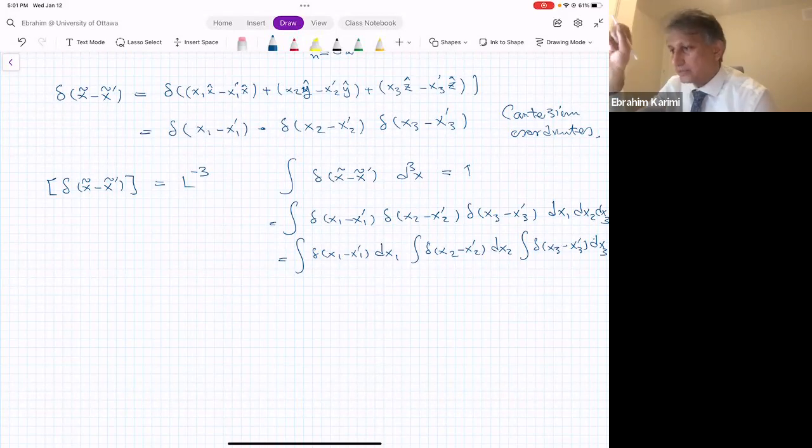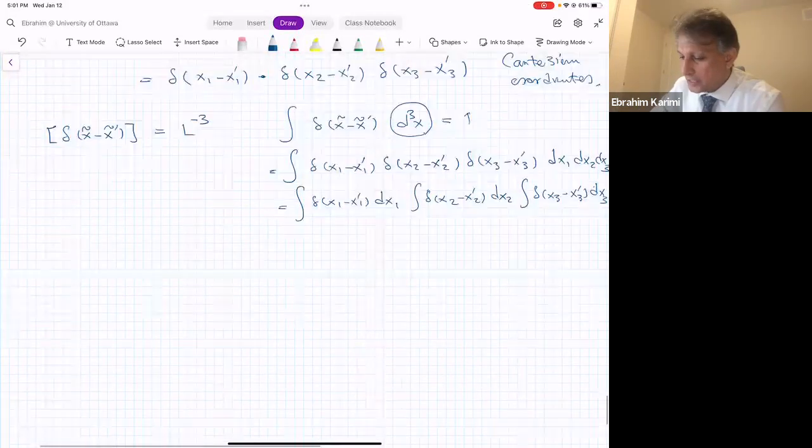So x1, x2, and x3 have a length dimension, and that is essentially the volume that you deal with. However, sometimes we deal with non-Cartesian coordinates, with cylindrical coordinates, with spherical coordinates.